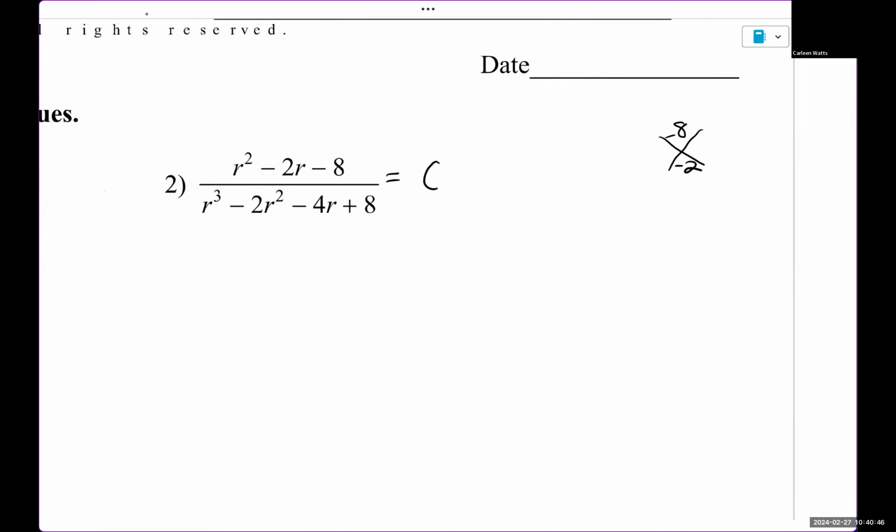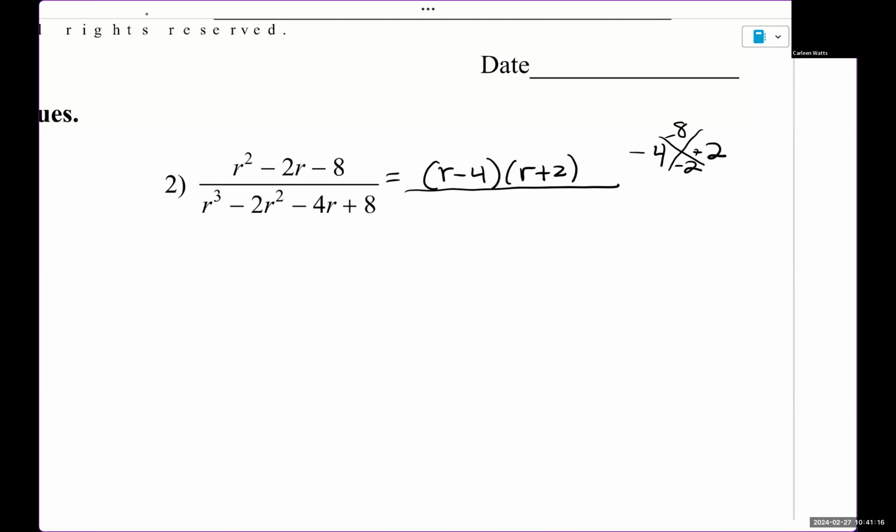So we're going to have -4 and +2. So R minus 4, R plus 2.